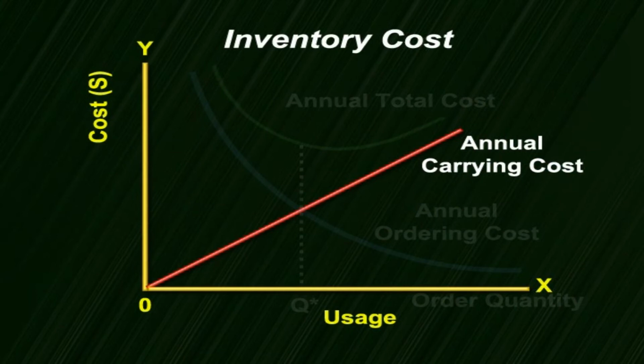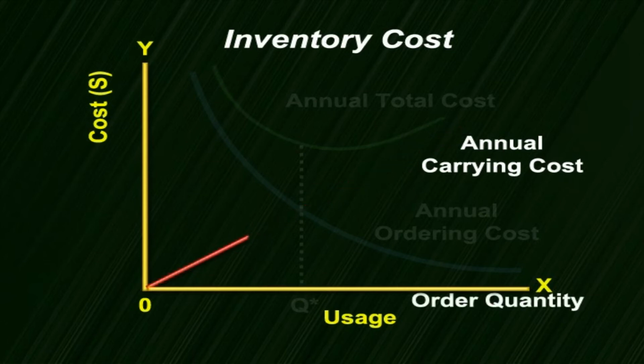We will draw these lines as per their relationships. So first of all, let's see the carrying cost slope. The carrying cost line will go upward, indicating that carrying cost increases as order size increases. So we will start from the lower portion and draw this line like this.